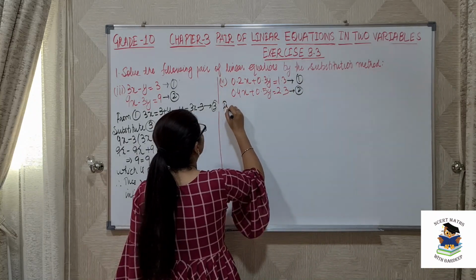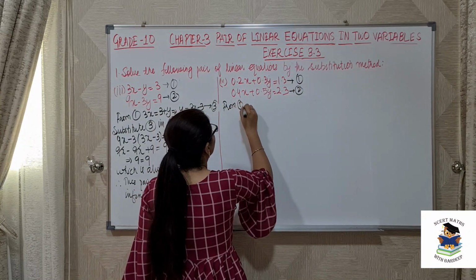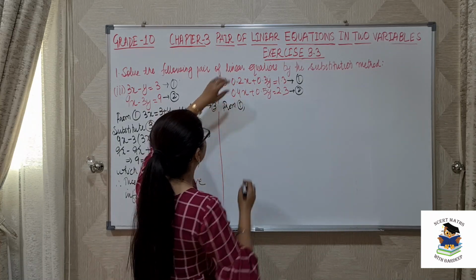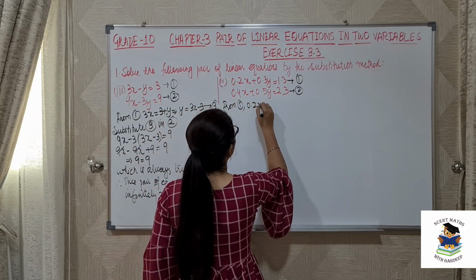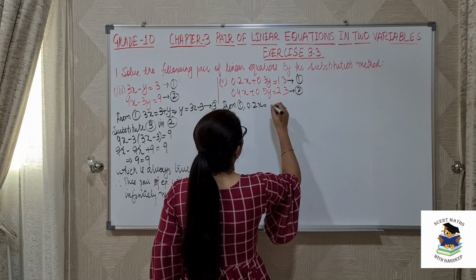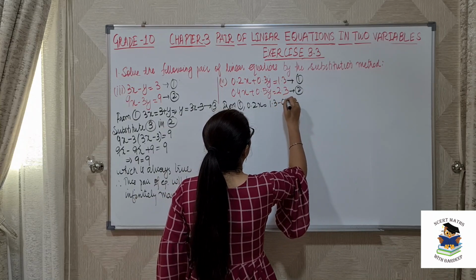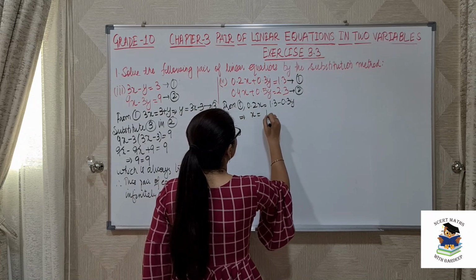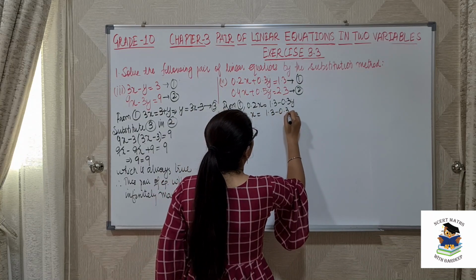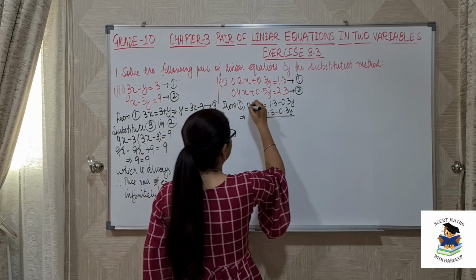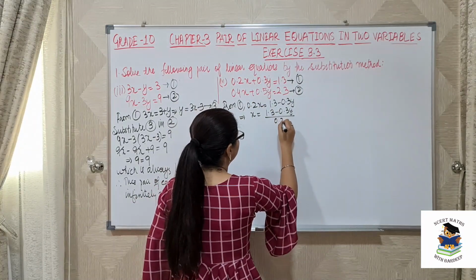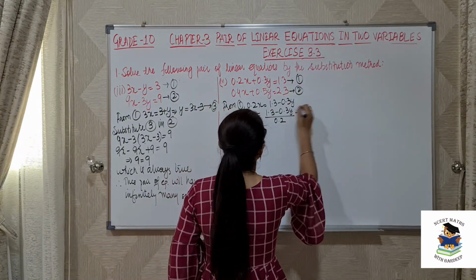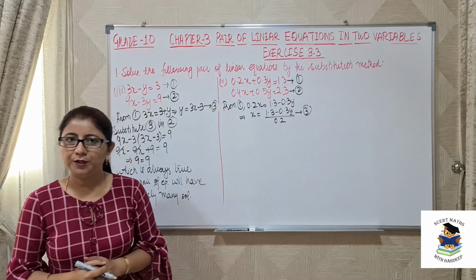So from 1, let's take this 0.2x. I'm shifting 0.3y. So this thing. And what is x then? This is 1.3 minus 0.3y. This 0.2 will come here. And let this be our third equation.